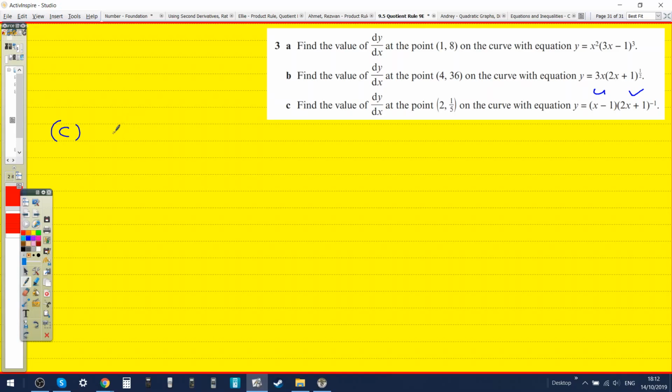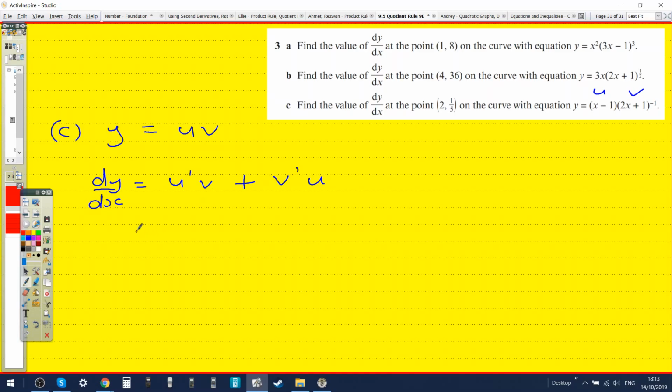Hold on. Okay, so y is equal to u times v. What is dy dx equal to? So what is the product rule? Okay, so I call the derivatives dash, and so u dash times v.